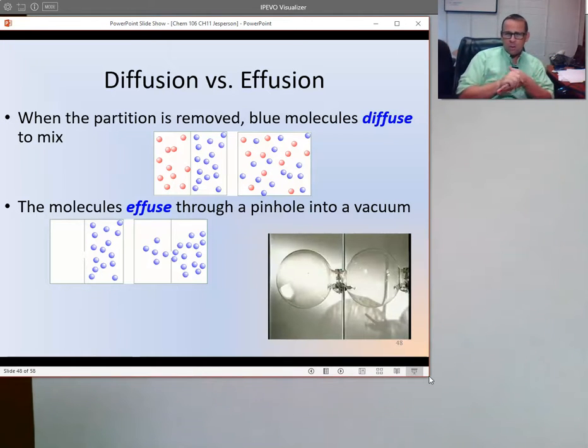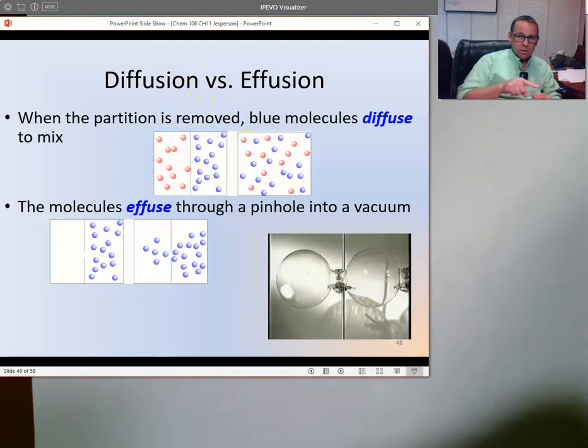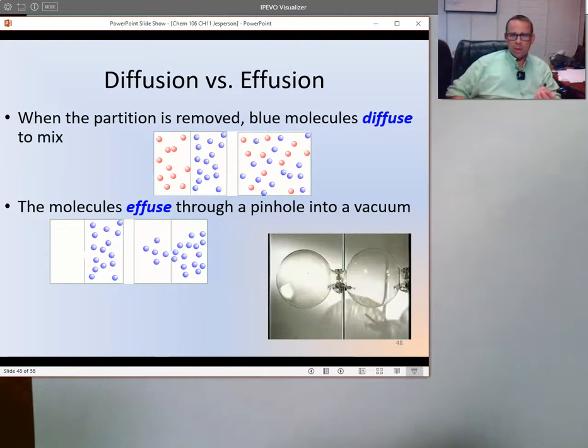So when we talk about relative rate of material, they have the same kinetic energy, but because the masses of some gases might be larger, that larger mass will slow down the actual velocity of the chemical. Diffusion is what we call it when one gas is leaving a vessel and moving across in a container through another gas.